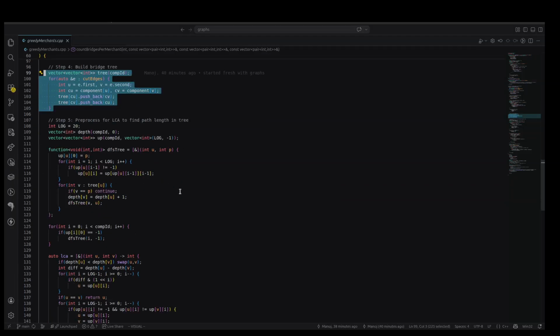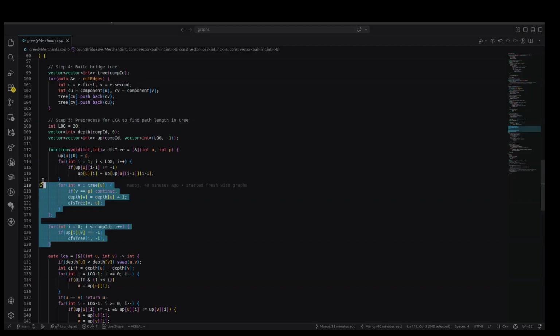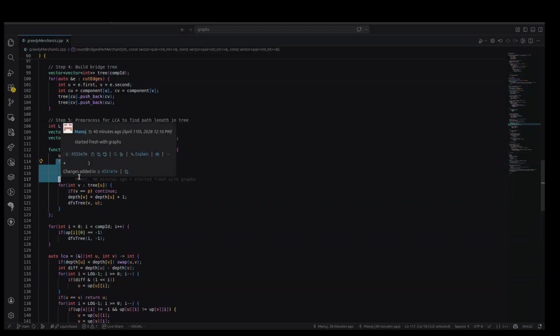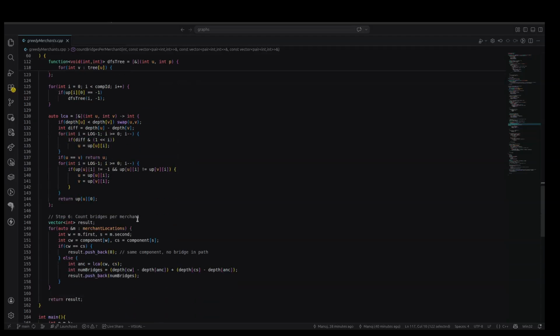After that, like I said, we do some pre-processing. The first is to find the depth, and the next is to form the UP array, that is to help with binary lifting.